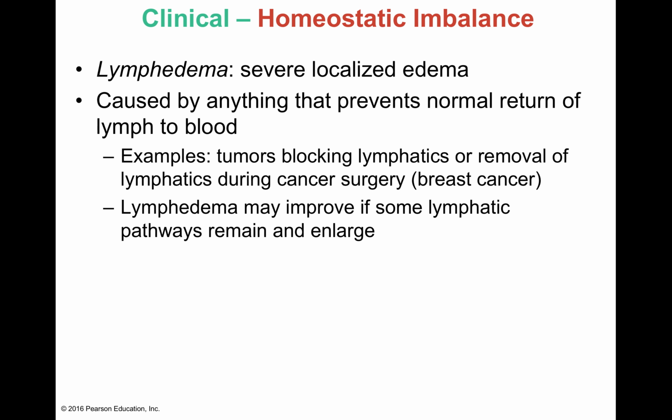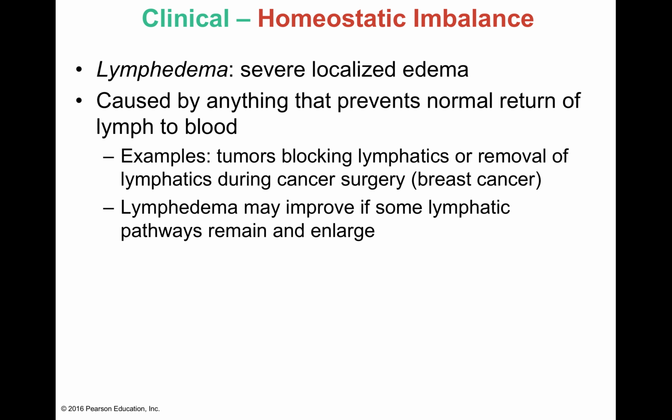So this is relatively severe localized edema. This happens because of surgeries where part of the lymphatic vessels are removed from a region of the body. An example of that is breast cancer.